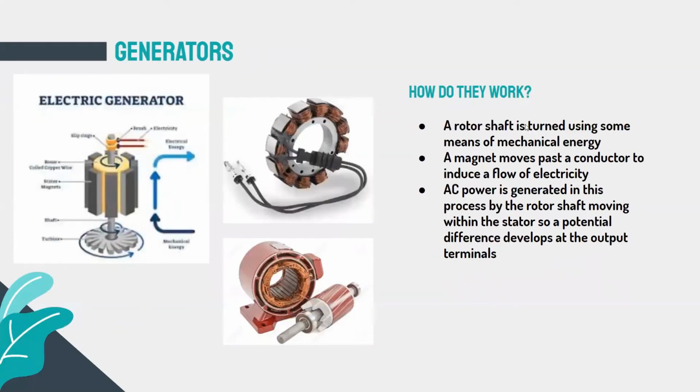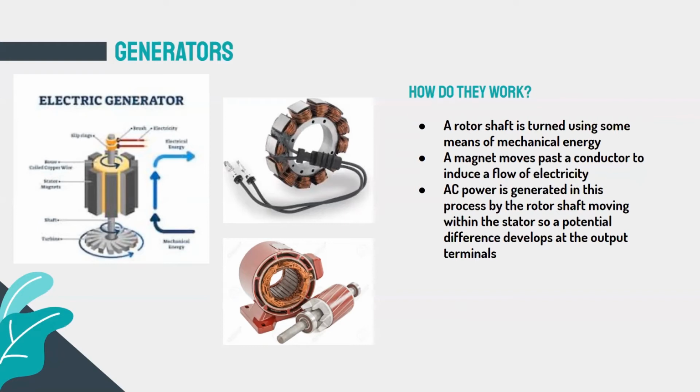So no matter where you go, you will never get away from generators unless you're talking about solar or thermoelectric generators. But you will always see a rotor and a stator in one way or another. So when it comes to things like hydroelectric as well as wind, we basically just put a turbine on there and say, all right, go on and spin it, and it spins our rotor within our stator.